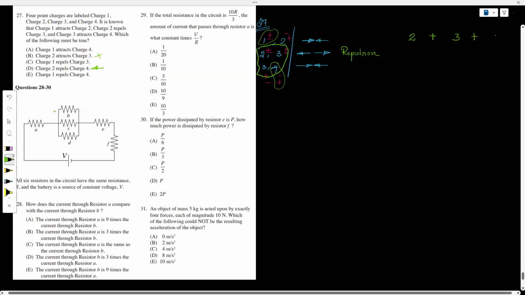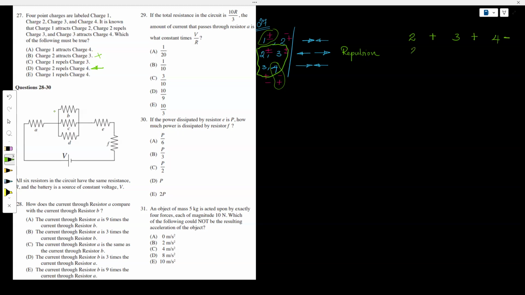If 3 was positive, 4 should have been negative, right? If 2 was negative, then 3 should have been negative and 4 should have been positive. So when I pair second and fourth charges, what is going to happen? If 2 was positive, 4 would have been negative, so attraction. So charge 2 and charge 4 are not going to repel. So that is wrong as well.